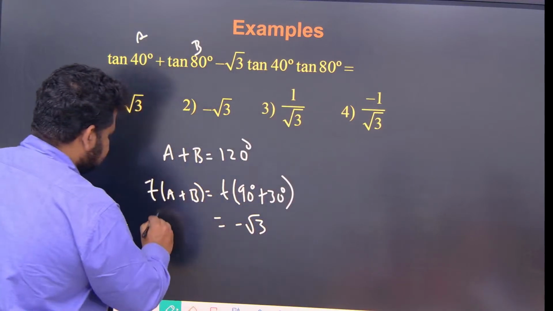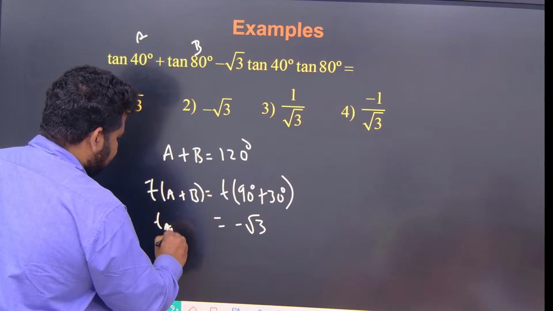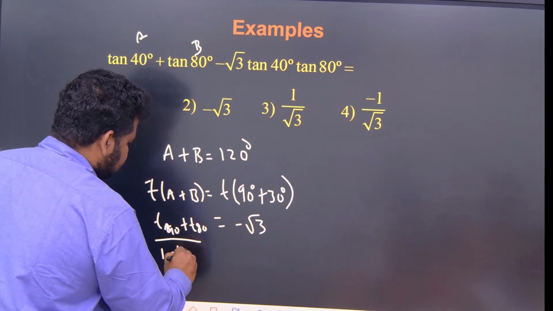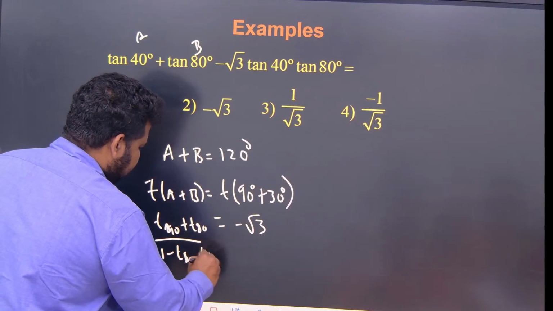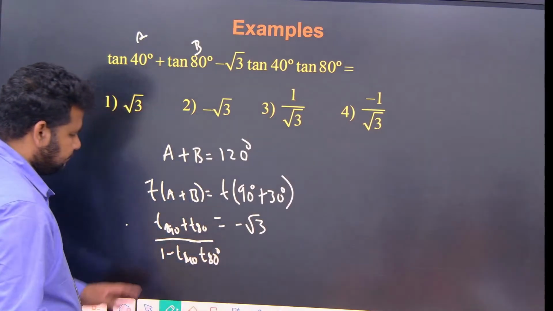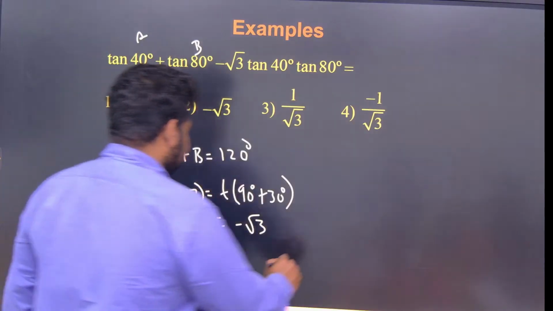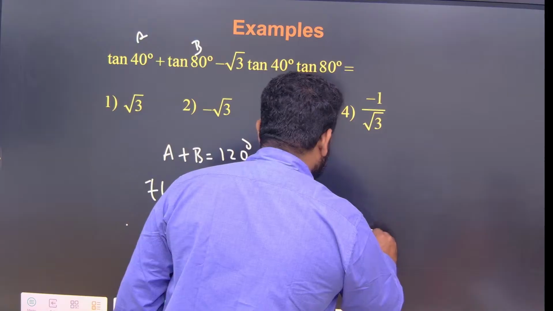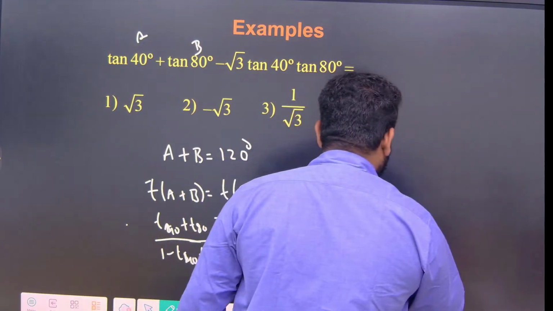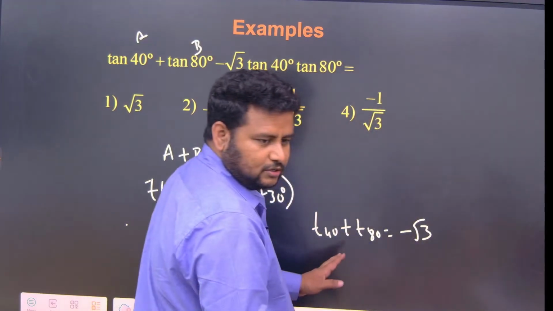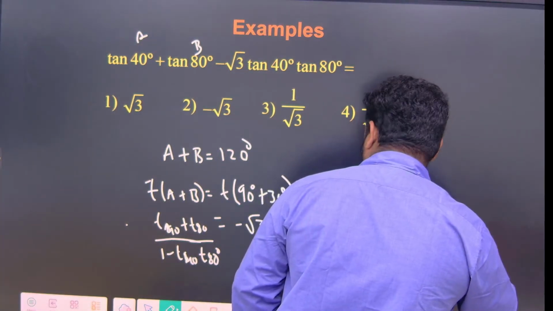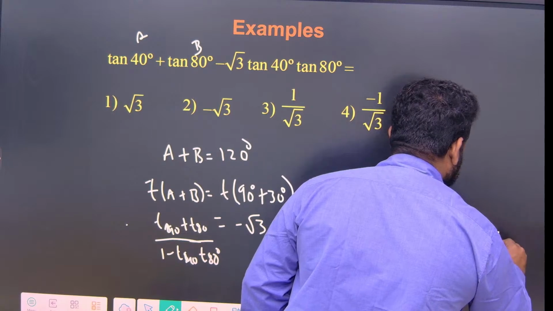So tan of A plus B is what? Tan 40 plus tan 80 by 1 minus tan 40 into tan 80. Correct, no? Now let us cross multiply. We have tan 40 plus tan 80 into minus root 3. Minus root 3 into minus is plus root 3 into tan 40 into tan 80.